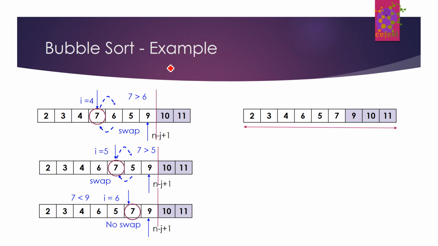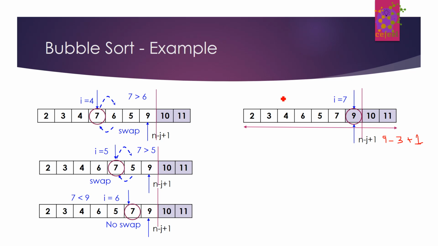And now we increment I again, and notice what has happened. Now we reach the end of the position where I is allowed, which means I maximum was allowed to be 7. Notice what was n minus j plus 1. I'll write it again: 9 minus 3, j is 3, plus 1, which is 7, and I will become 7 now, and 7 is not less than 6, so our inner while loop will end here, which means we have pushed another element to its end.